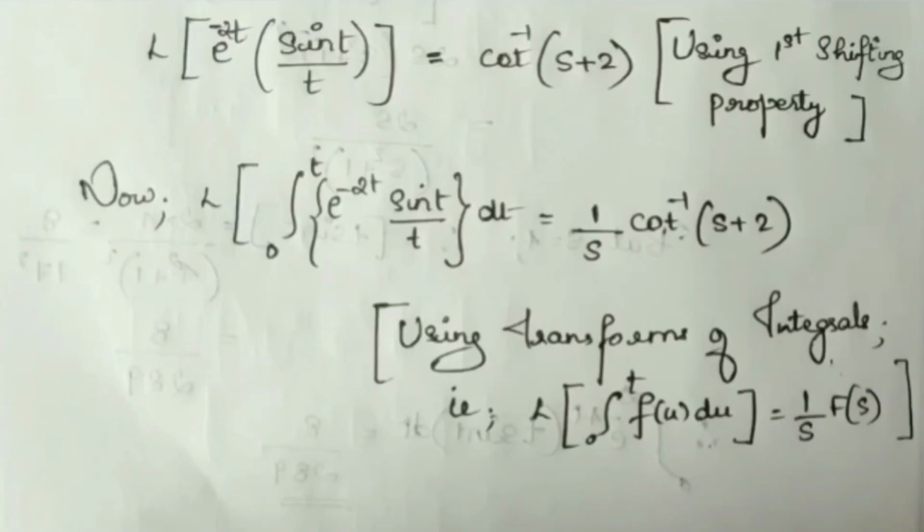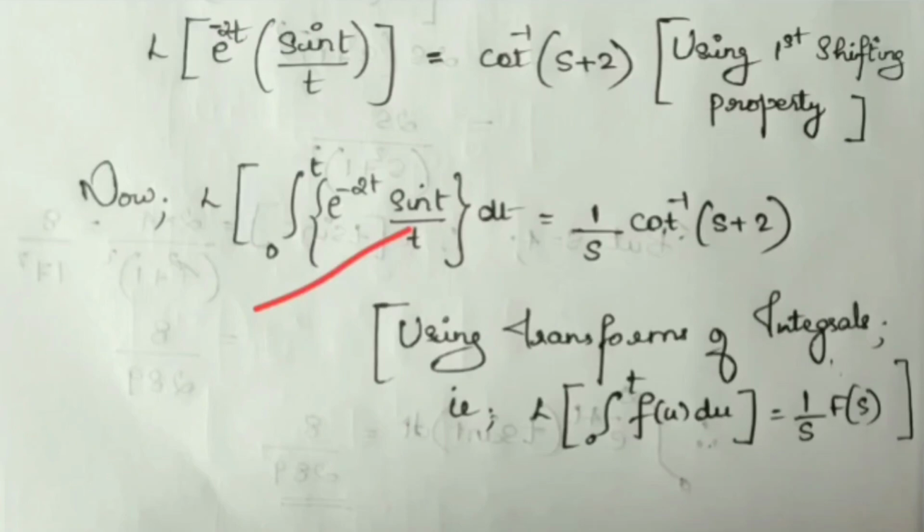Now, we know that Laplace of e raised to minus 2t sin t by t is equal to cot inverse of (s plus 2), using the first shifting property. Therefore, Laplace of integral 0 to t e raised to minus 2t sin t by t dt. This is of the format Laplace of integral 0 to t f of t dt, right?